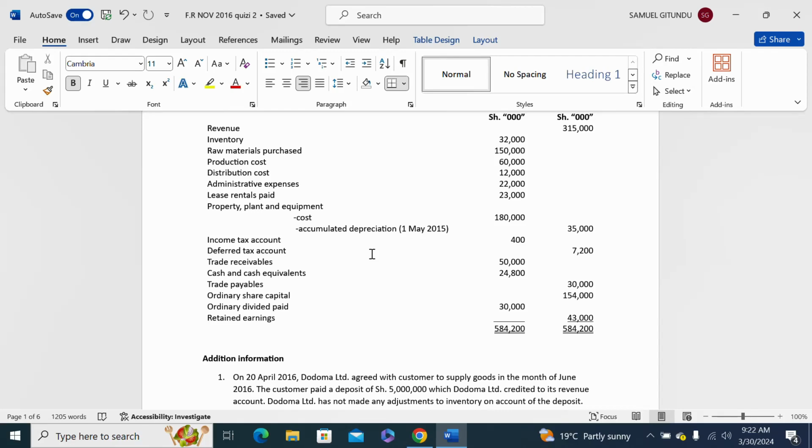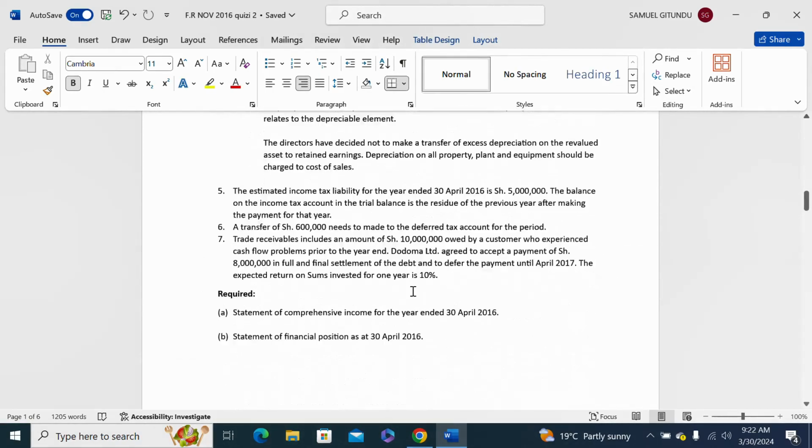You either add the transfer to the deferred tax or less the transfer from the deferred tax, and then you less the under provision of the previous year's tax or add the over provision of the previous year's tax. Let us do that practically.